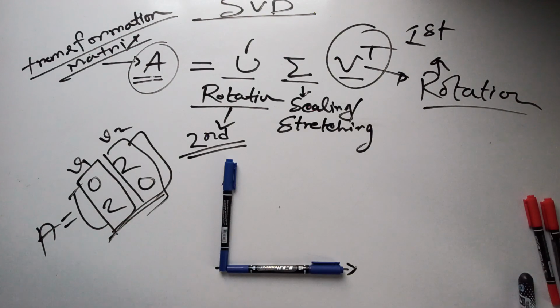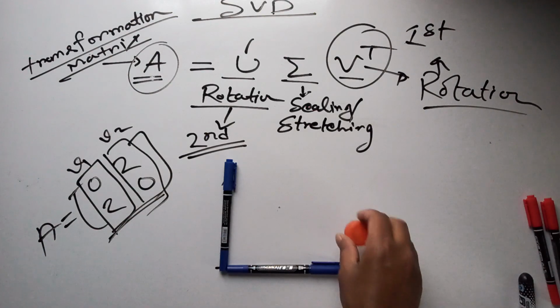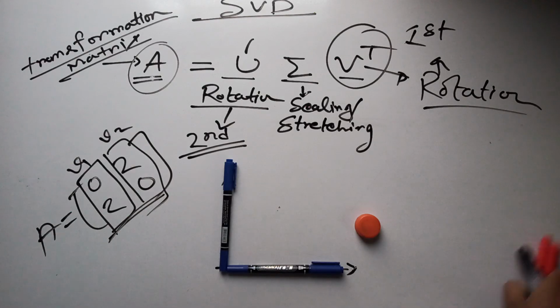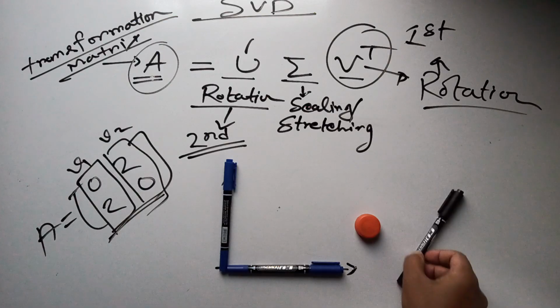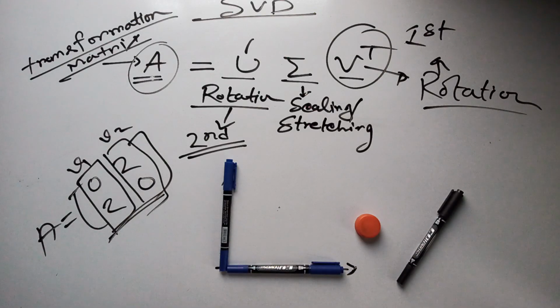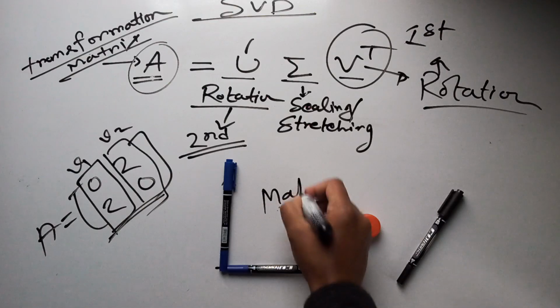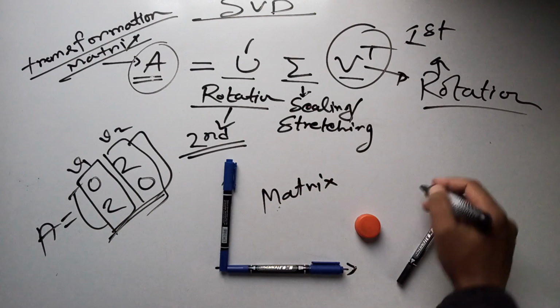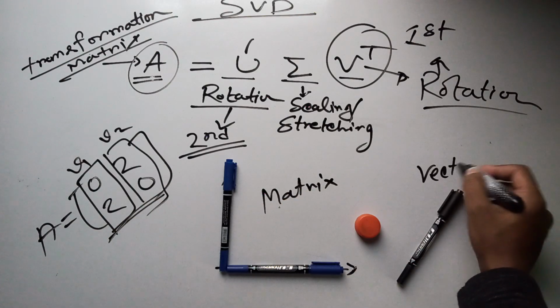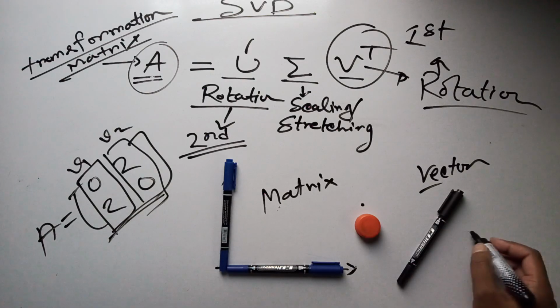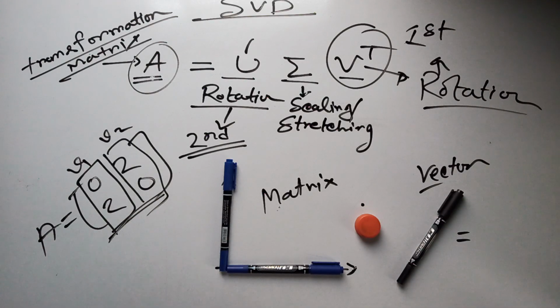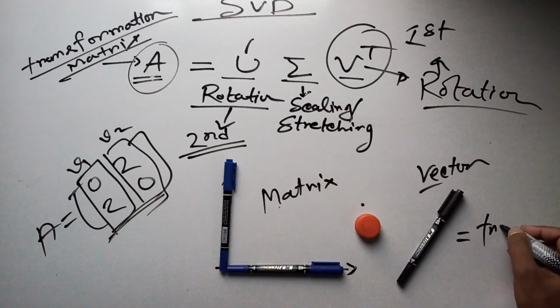So when you multiply this matrix with something, say a vector, consider this one is a vector. If you multiply a matrix with a vector, then what will we find? You will find a transformation.